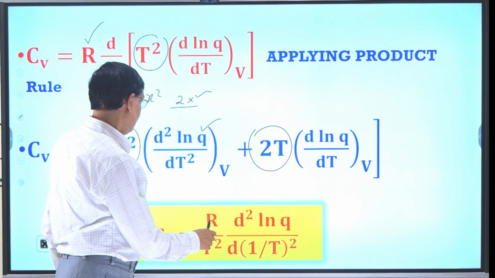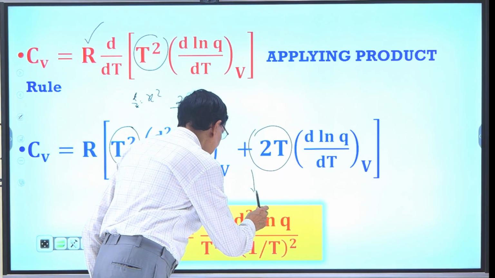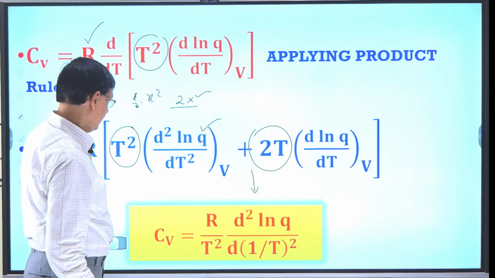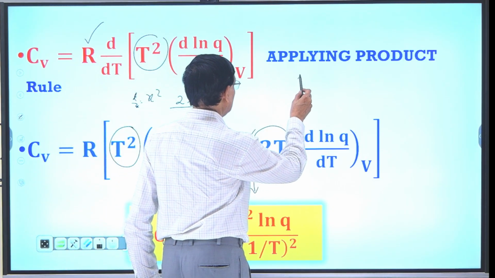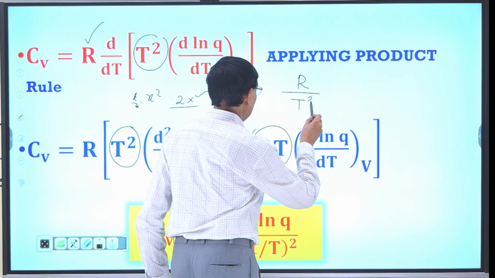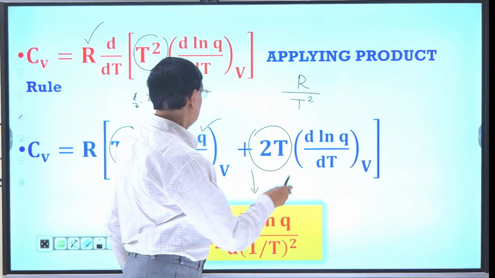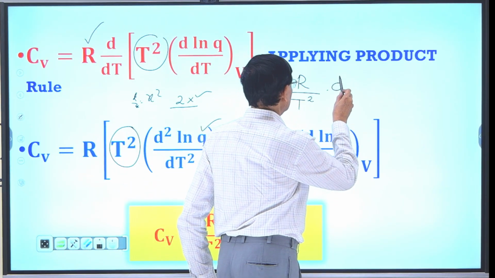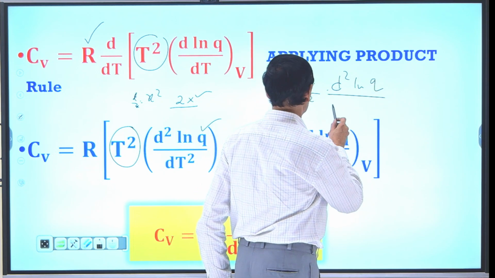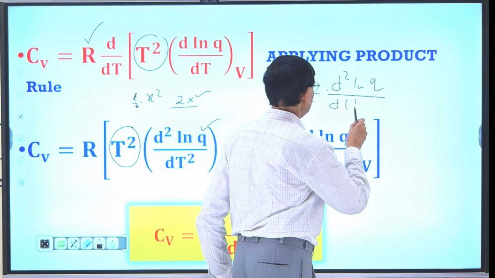But if you see the books and other sources, you will find that this equation can be written as R divided by T square, natural log of Q, then same, d 1 by T square.